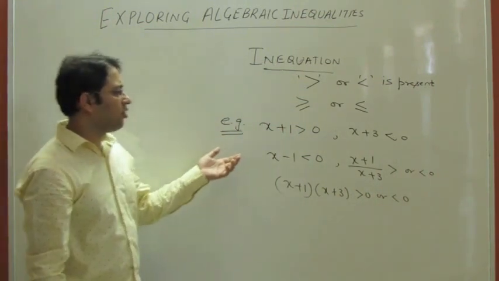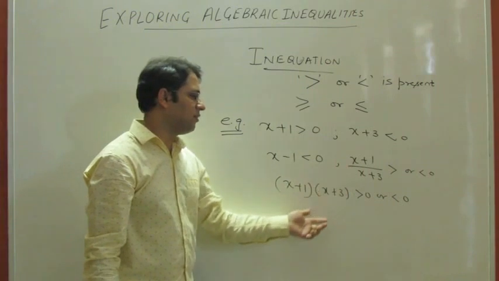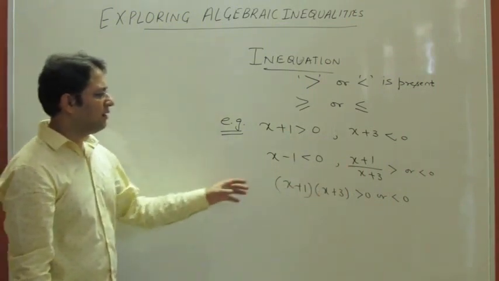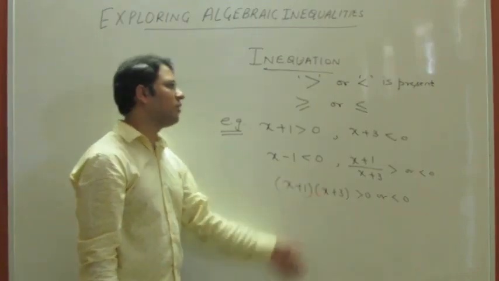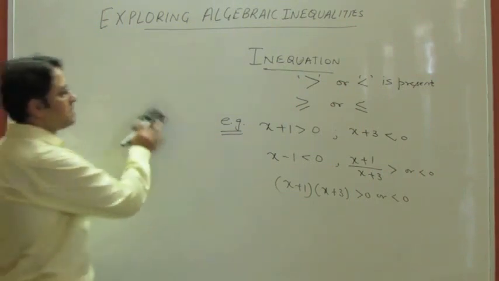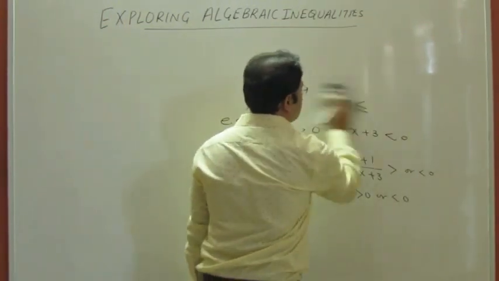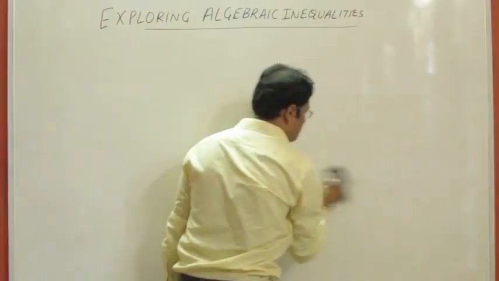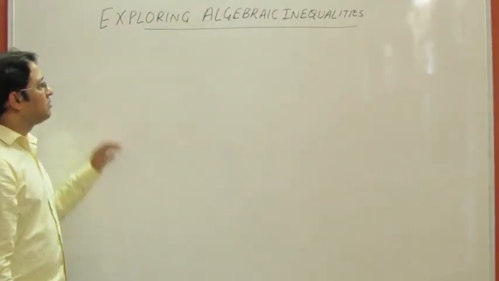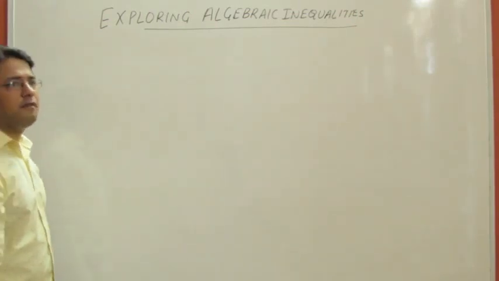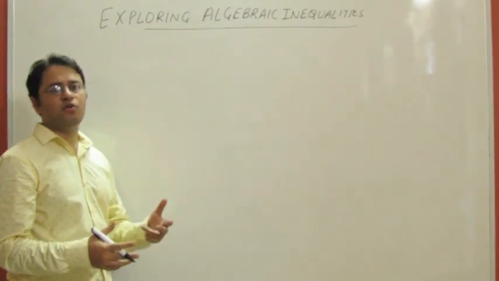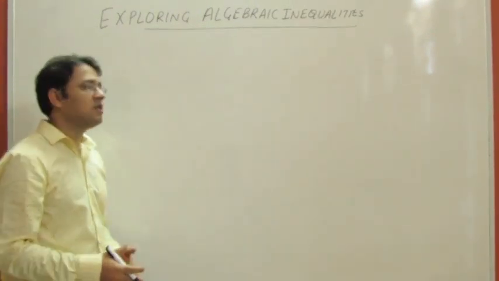So basically solving any type of inequation would require certain skills, and how to do them is what we are going to discuss in this first video. Before starting to solve any kind of inequation, we should be familiar with two very important aspects of solution.